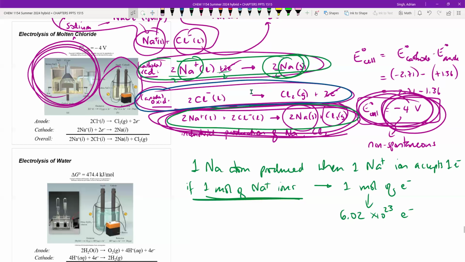So if we have our 1 mole of electrons that are required to reduce the 1 mole of sodium ions into sodium metal, we can use that information, do a little bit more stoichiometry, and actually calculate several things associated with this process, not in the least of which is how much sodium we can generate if we know the voltage or the power or the energy that we're providing in this particular electrolytic cell.